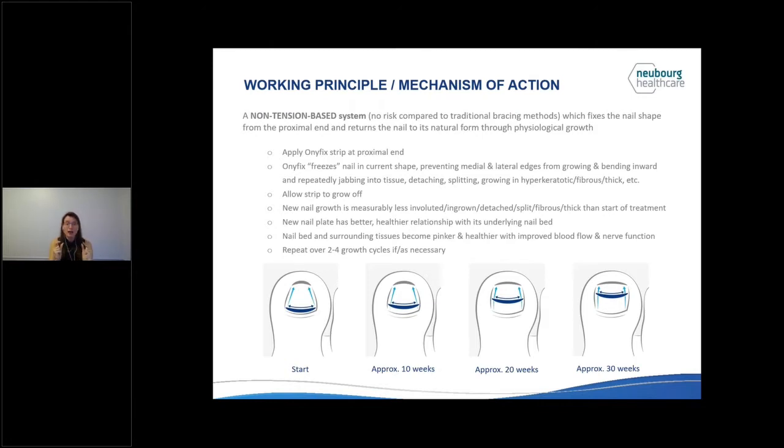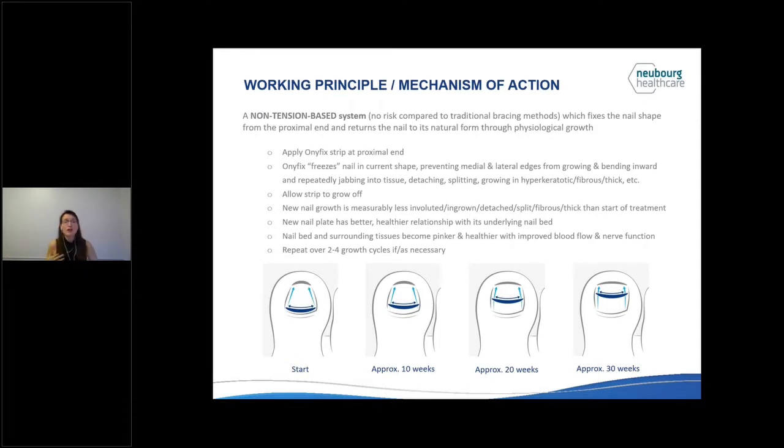All the new nail fibers become straight. And there's a way in which the Onyfix bonds with the nail plate and forces it to grow out in an immobilized fashion that is not tension-based, that works in a superior way to really help those nails become corrected over long amounts of time.